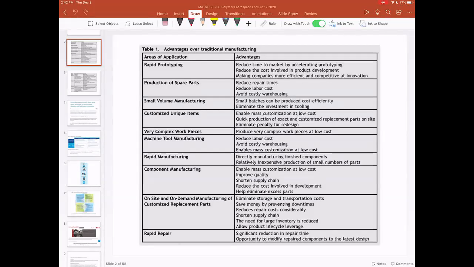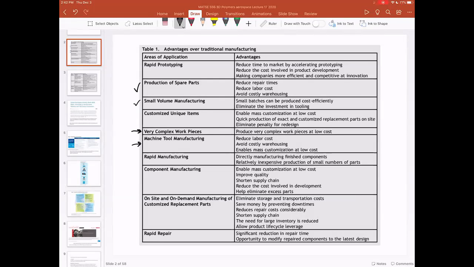So if we go back to our table, these are some of the advantages. So whether you're doing production of spare parts, it turns out that aerospace is small volume manufacturing because there aren't that many airplanes made every year as compared to something like cars or shoes. Complex work pieces are important for aerospace. Machine tools, of course, and we're going to cover an example in trim tools.